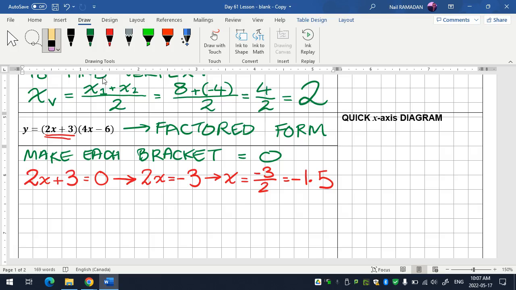Okay, what's my next step? Make what equal to 0? The second bracket, or the content of the second bracket. 4x. What do you do first? So you move the 6, which becomes what?